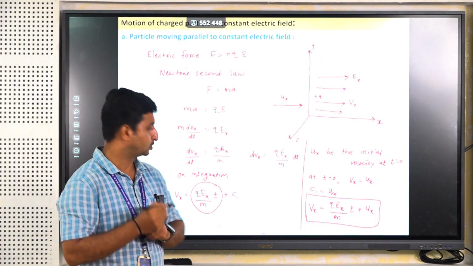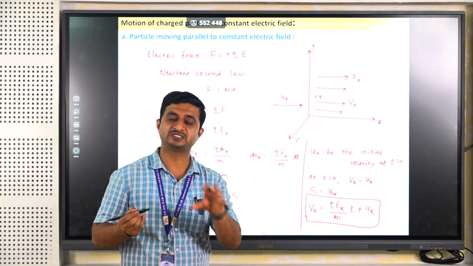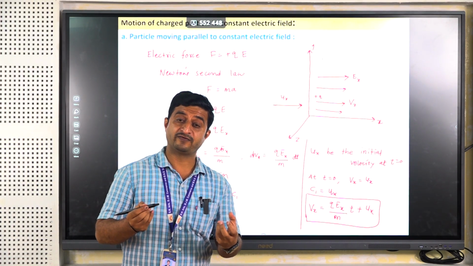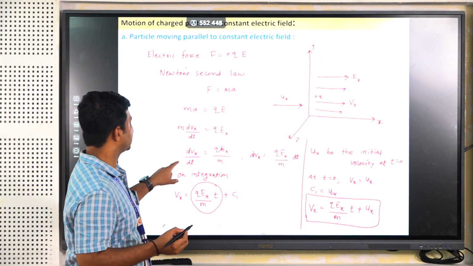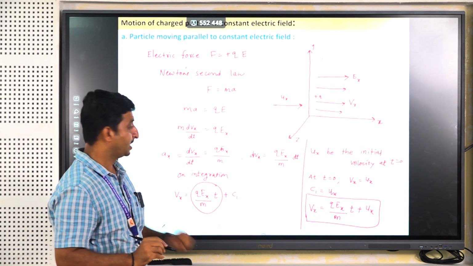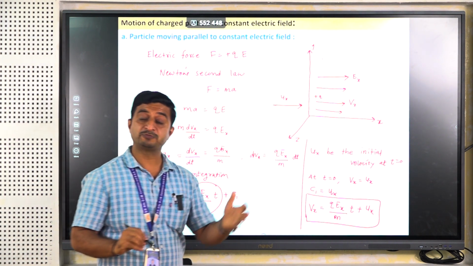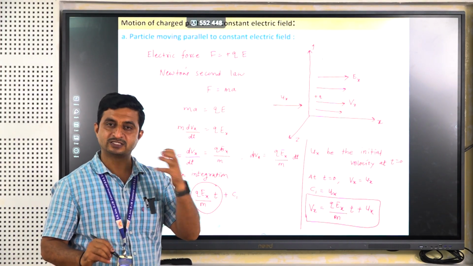What is the position? So the next point we have to discuss is the position of the charged particle in the electric field at a certain time t. So this is the velocity, this is the acceleration, ax is equal to qEx upon m. Next we have to find the position of the charged particle at a certain time t.